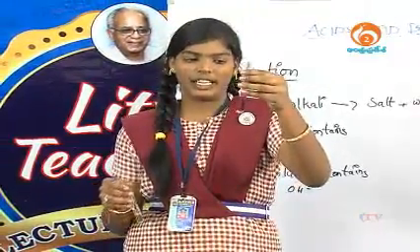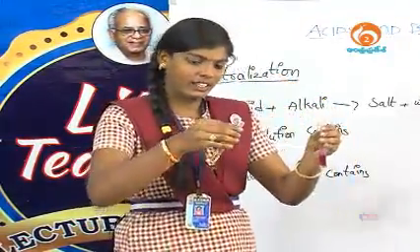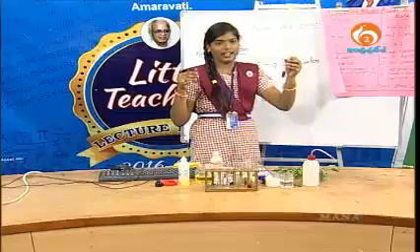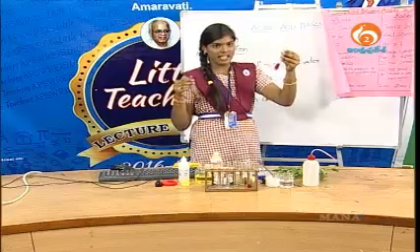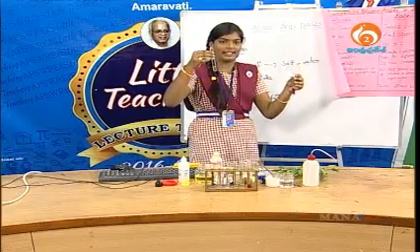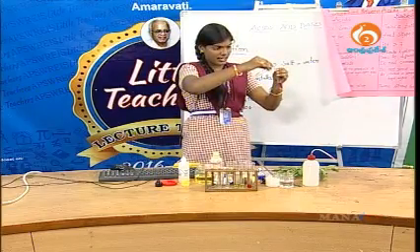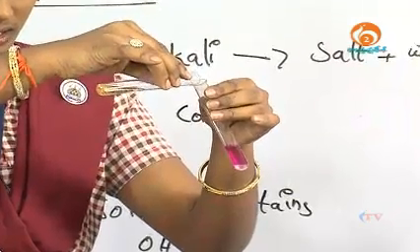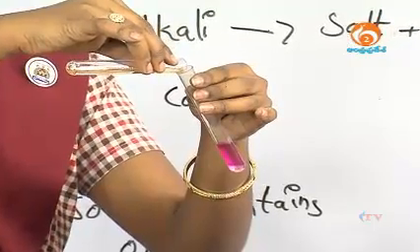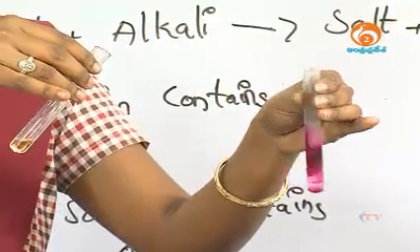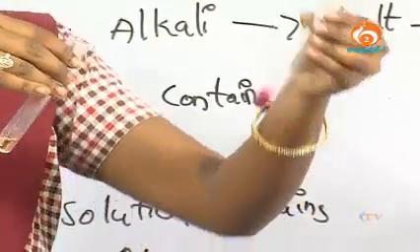It turns pink color. Look at this. This is the hydrochloric acid. This is the sodium hydroxide. Sodium hydroxide is a base. Hydrochloric acid is an acid, and it is slowly added to the base. Look at this.